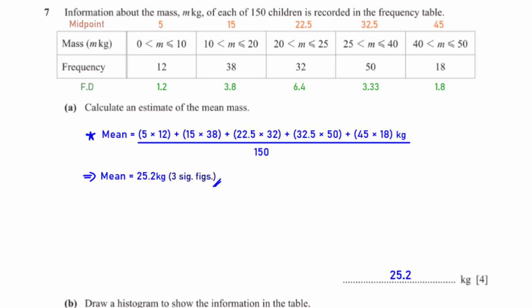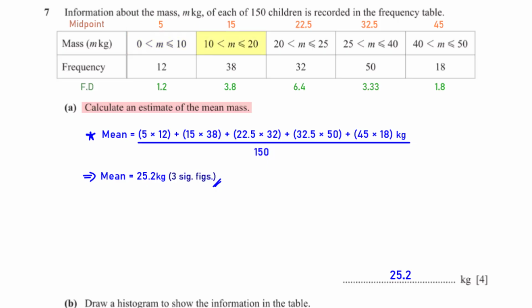Information about the mass m kilograms of each of 150 children is recorded in the frequency table. Calculate an estimate of the mean mass. Before we get the estimate of the mean, we need to find the midpoint of the given mass intervals. So for the first interval, the midpoint is 0 plus 10 divided by 2, which is 5.